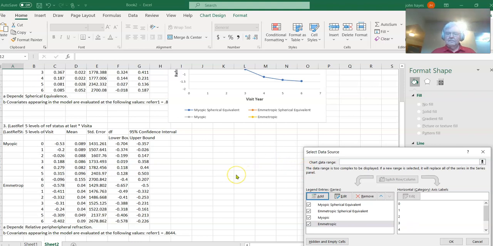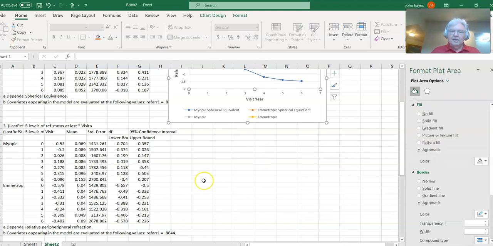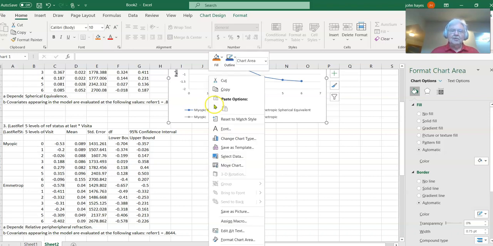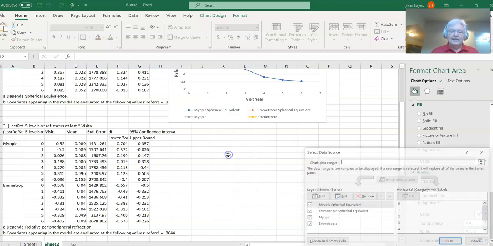Now, this is, and this is, let's go, oops, okay. Well, we don't have to do that yet. All right, let's keep going. We'll label them later. Select data.